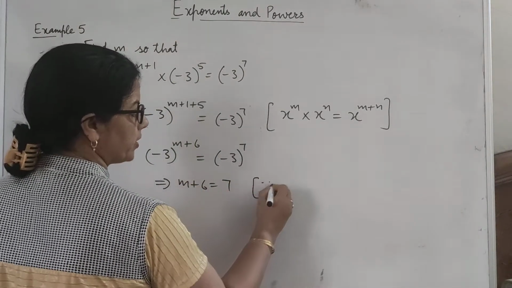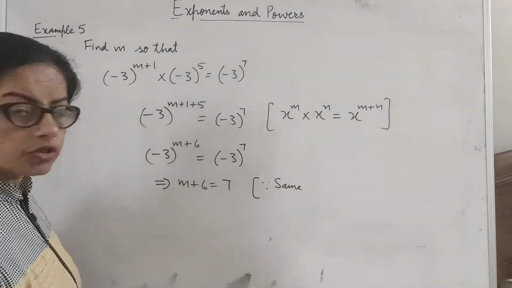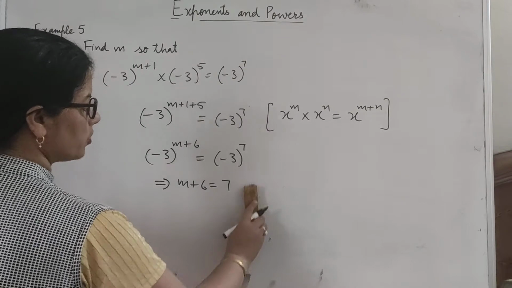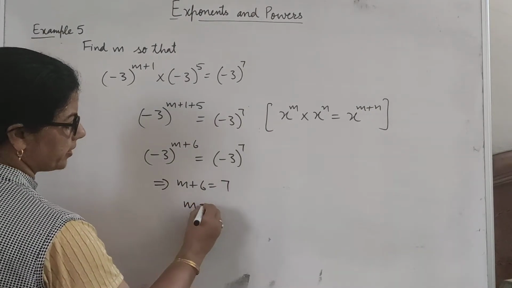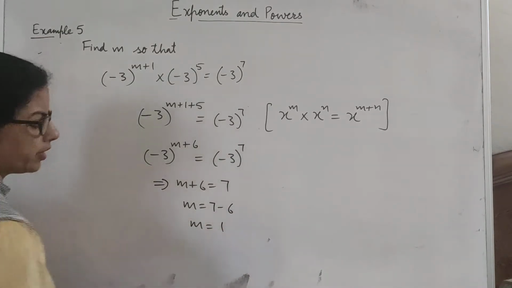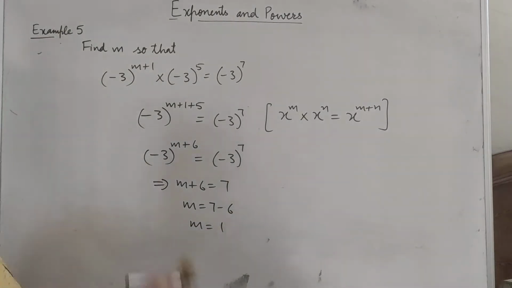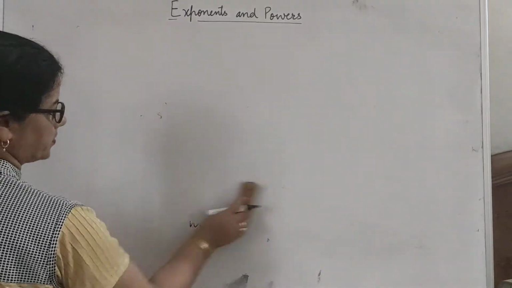If you want to write a reason, you can write: as bases are same, exponents will be same, or you can write it directly also. Now plus 6 we will shift that side, it will become minus 6, so m is equal to 1. This will be the answer. This was our example 5.